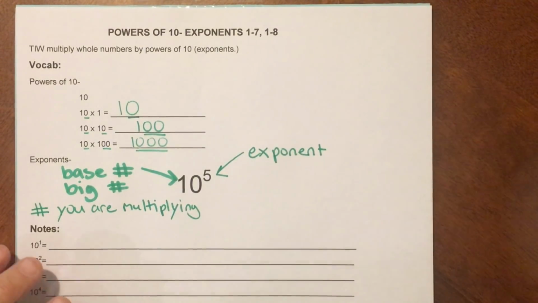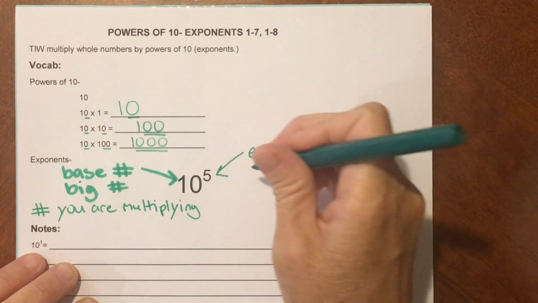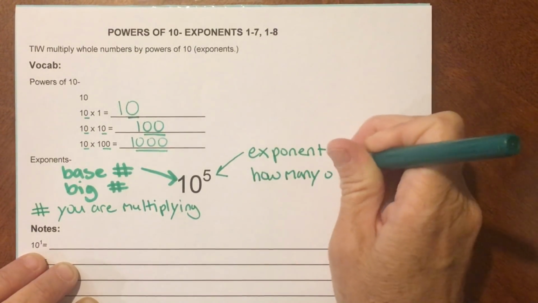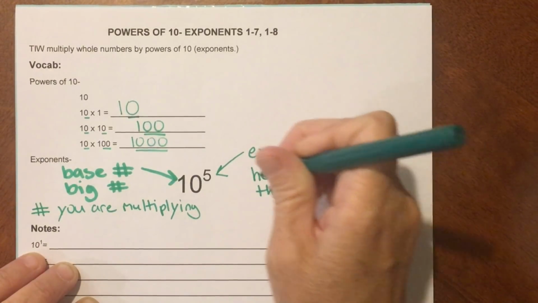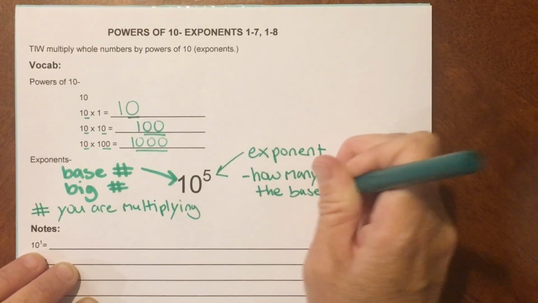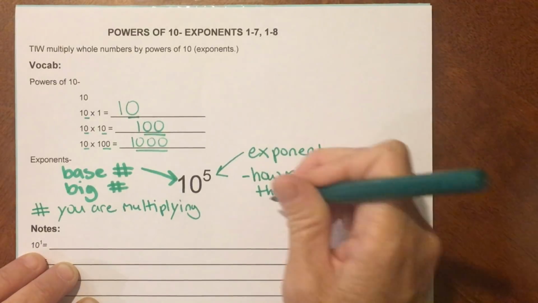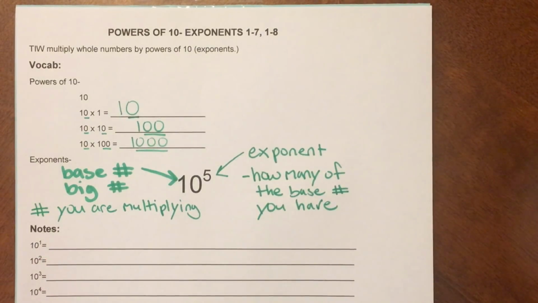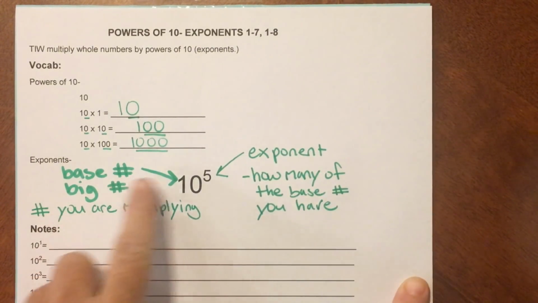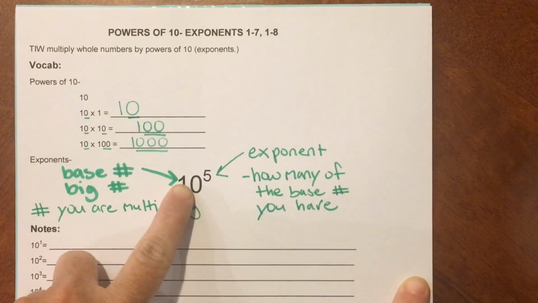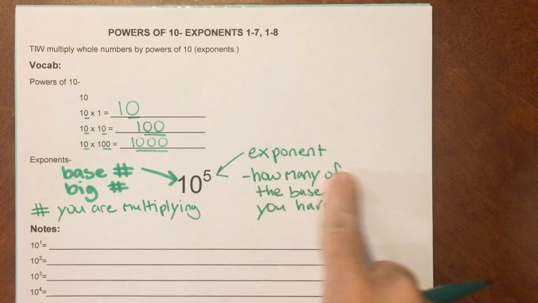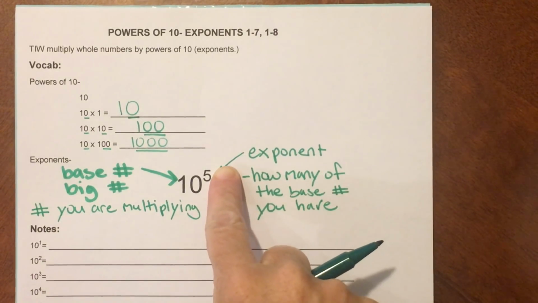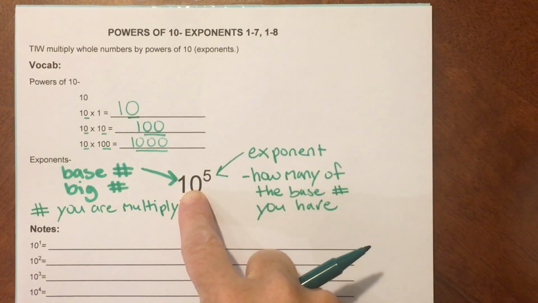What that number tells us is how many of the base numbers you have. So this means I'm going to be multiplying the number 10, and the exponent tells me how many of the bases I have. So because it's a 5, it tells me I'm going to have 5 tens.